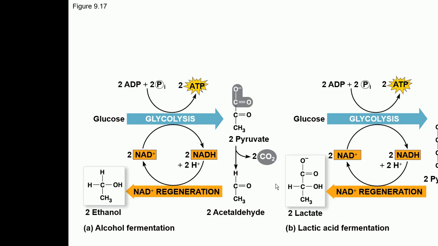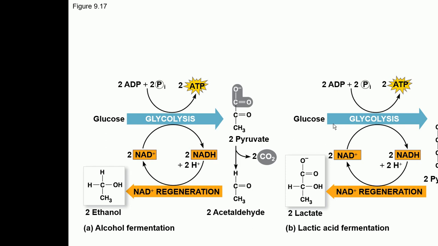The other kind of fermentation is lactic acid fermentation. It's basically the same. It involves glycolysis. Glucose gets converted into pyruvate. Then pyruvate is converted into lactate. In glycolysis, when glucose is converted into pyruvate, NAD plus gets converted into NADH, okay, and then this pyruvate accepts the electrons from NADH.